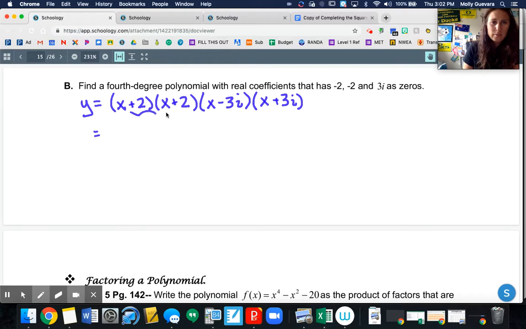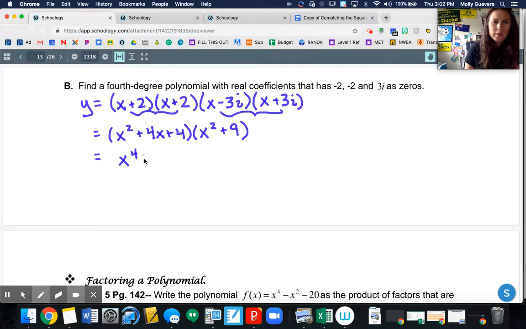Okay, so I'm going to take this and multiply it out, which gets me x squared plus 4x plus 4. And I'm going to take this and multiply it out, which gets me x squared plus 9. And then we can multiply this out, so I have x to the 4th plus 9x squared plus 4x to the 3rd plus 36x plus 4x squared plus 36.